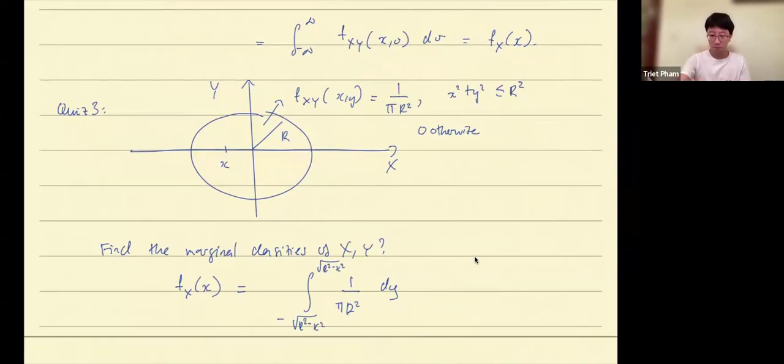Do we understand? It's from here to here. So the answer is 2 square root of R squared minus X squared over pi R squared. For what range of values of X? From minus R to R.